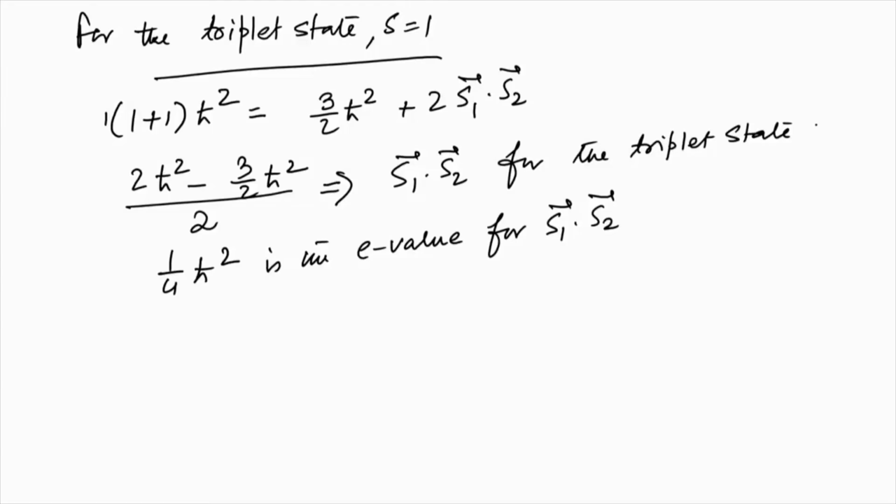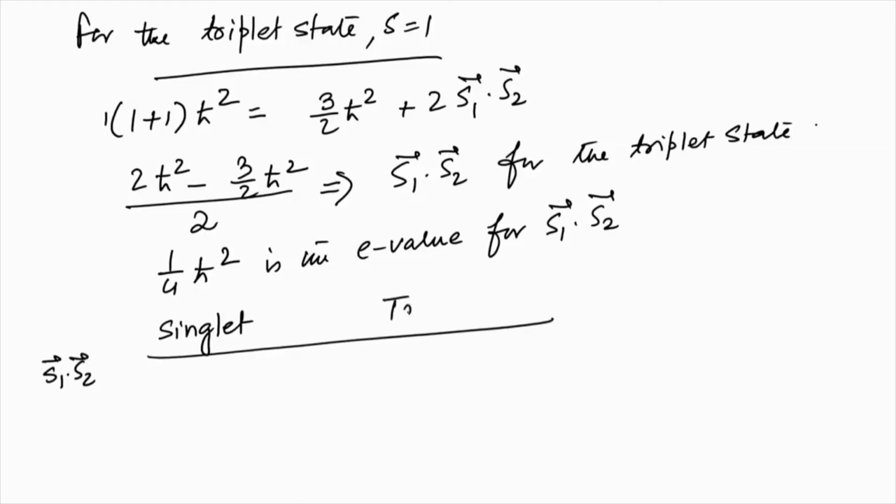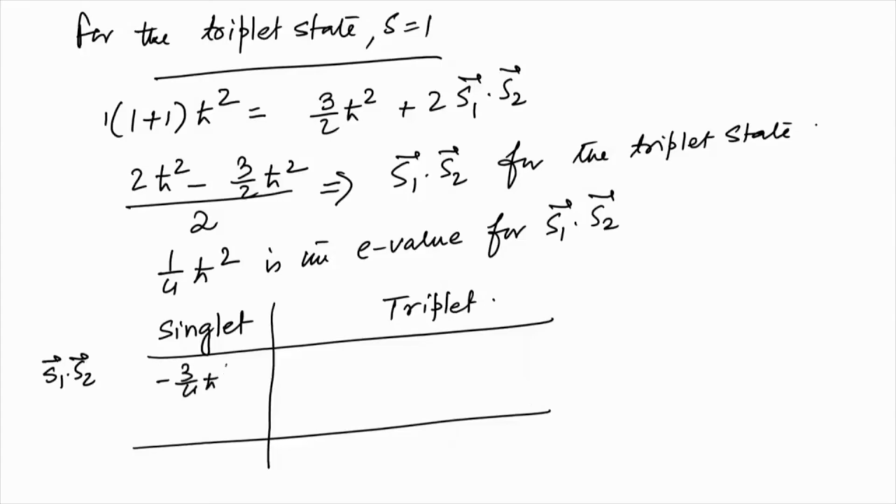So, let us just summarize this quick result. So, for singlet and triplet states, S 1 dot S 2 for the singlet one has minus 3 by 4 h cross square and the triplet has 1/4 h cross square. So, this is the eigenvalue of S 1 dot S 2.